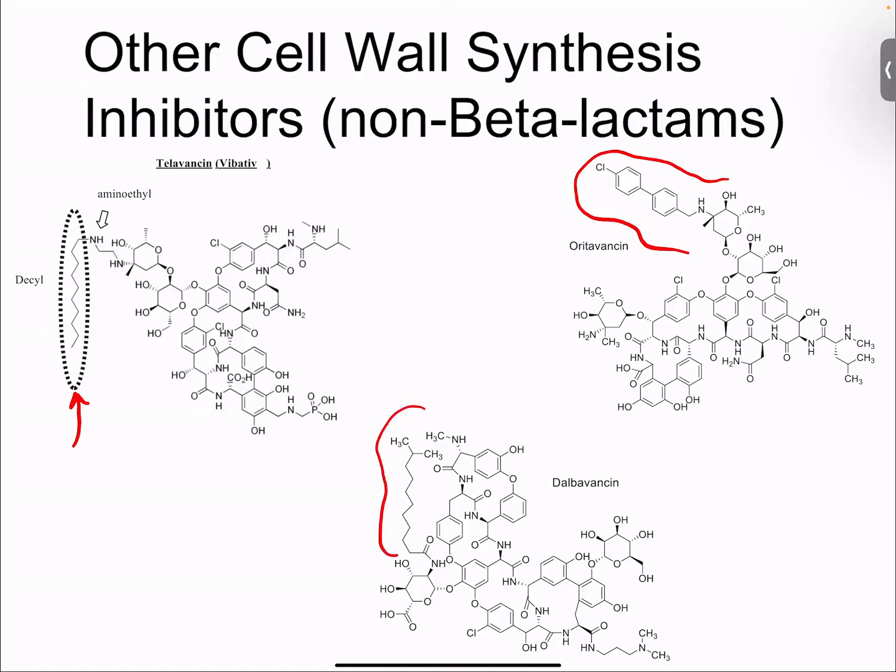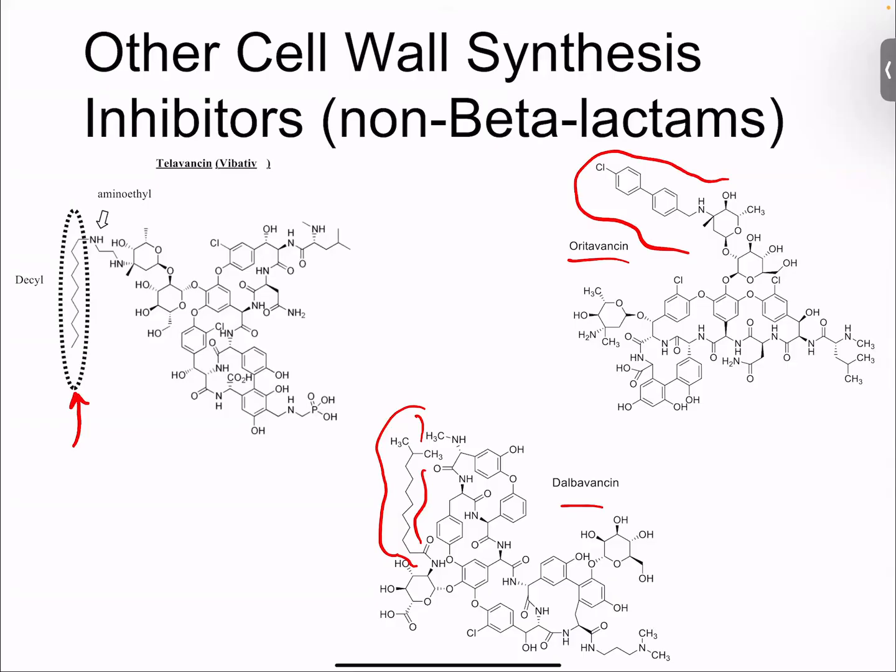What's unique about these drugs, though, again, is the presence of these lipophilic modifications that contribute to their prolonged half-life and contribute then to their anchoring in gram-positive organisms. Right? So telavancin, oritavancin, and dalbavancin all have this lipophilic projection. And as the drug encounters a bacterial cell, it'll make its way through the peptidoglycan cell wall. It'll insert that lipophilic tail into the cell membrane.